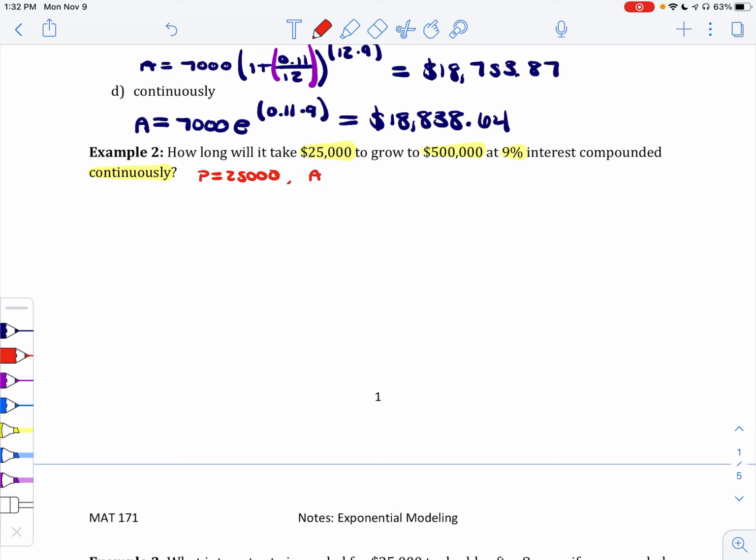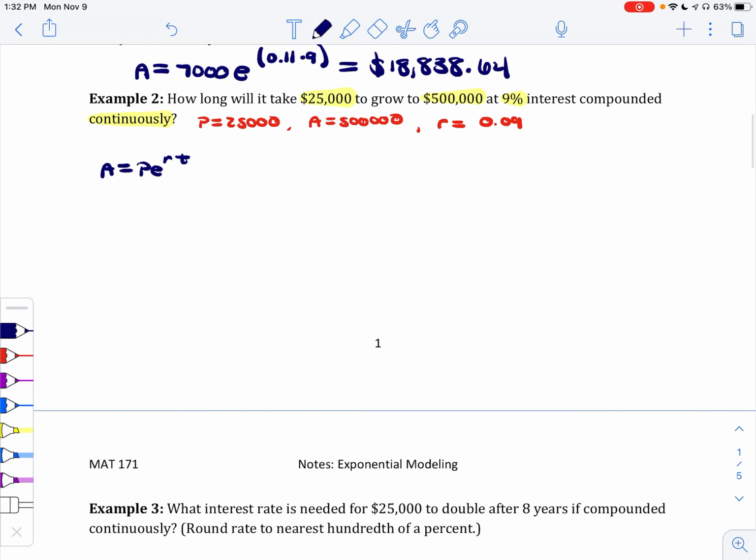We want to end up with $500,000, so that's our accumulated value. 9% interest, so r is 0.09, and compounded continuously means we're using our formula A equals Pe to the rt.